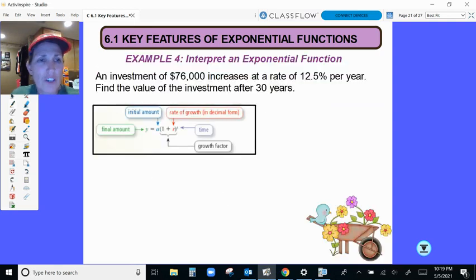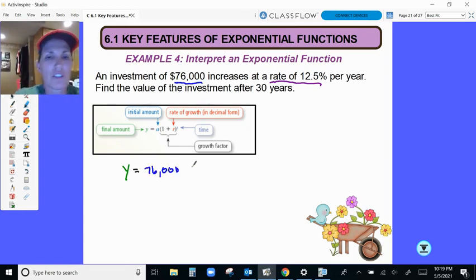Okay, so here let's put it to use a little bit. Here we have an investment of $76,000 that increases at a rate of 12.5%. Find the value of the investment after 30 years. So my final value, my y, is going to equal my initial amount, which is going to be $76,000, times, now this is an increase, so it's going to be a growth.